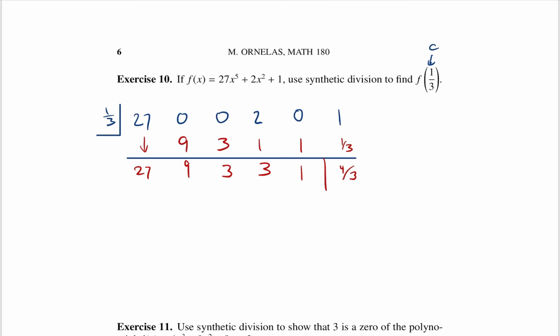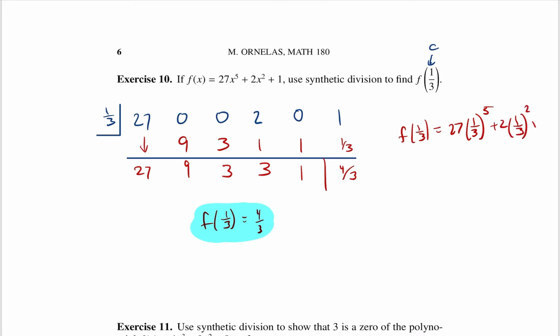So the remainder is 4/3. So that is the answer by the remainder theorem. We know that f of c is equal to the remainder, which in this case is 4/3. We can verify that by plugging in 1/3 into the function and using our calculators to see if we get 4/3. So let's do it that way as well. F of 1/3 directly would be 27 times 1/3 to the fifth, plus 2 times 1/3 squared, plus 1.